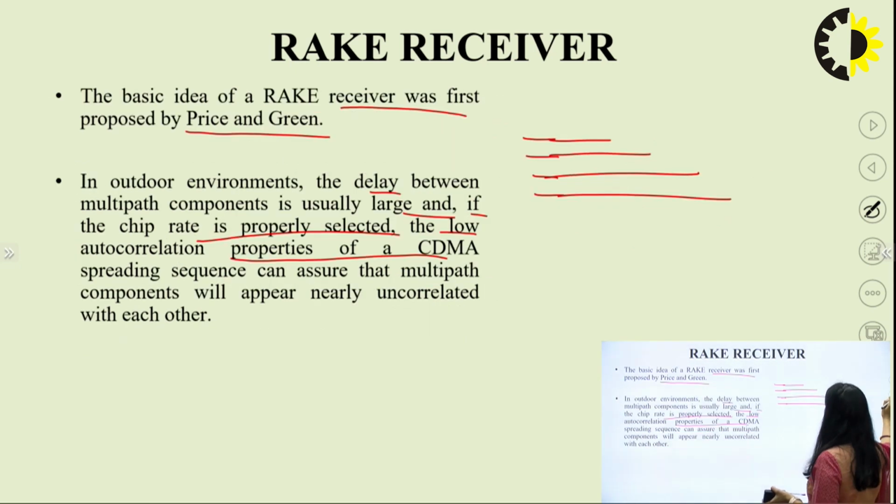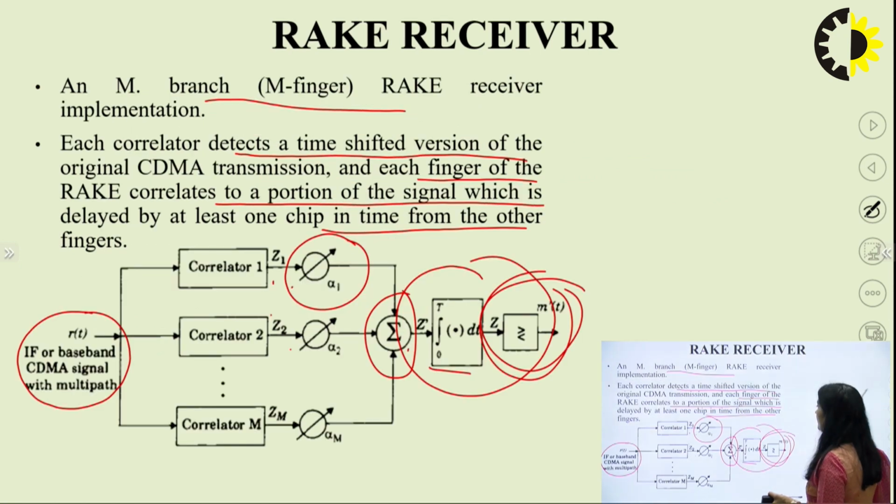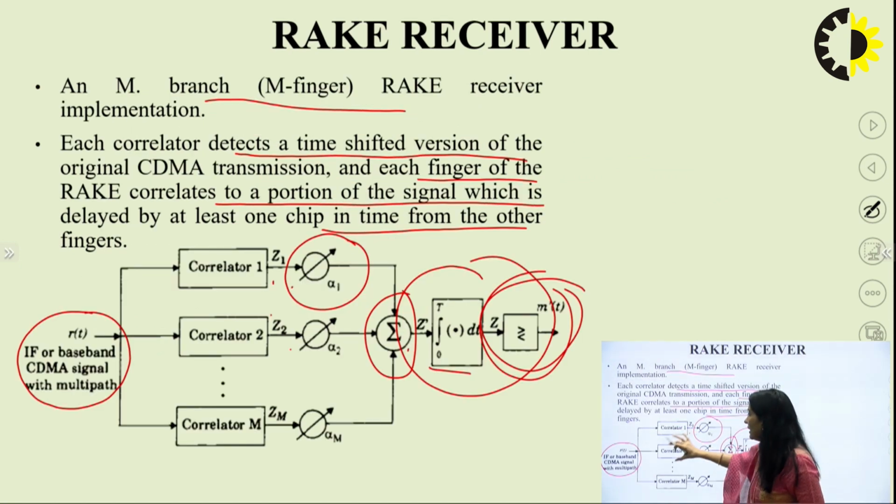So here, this is the received signal, which is applied to different correlators, and then the delay is detected.